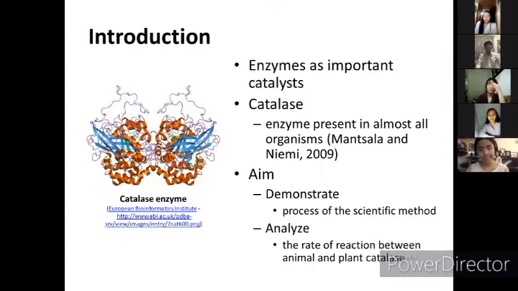In addition, this enzyme is also present in plants. This research, which aimed primarily to demonstrate the mechanism of the scientific method, was intended to examine the rate of reaction between animal and plant catalase by comparing samples using available household materials, to be addressed later by my fellow members. Thank you.